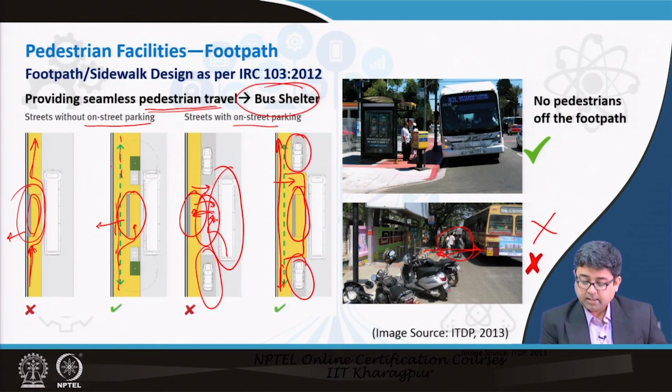Now, people end up on the pavement trying to access the bus. Instead, you should have the curb extended outwards, so that people can directly access the bus from the sidewalk itself and not go onto the pavement.